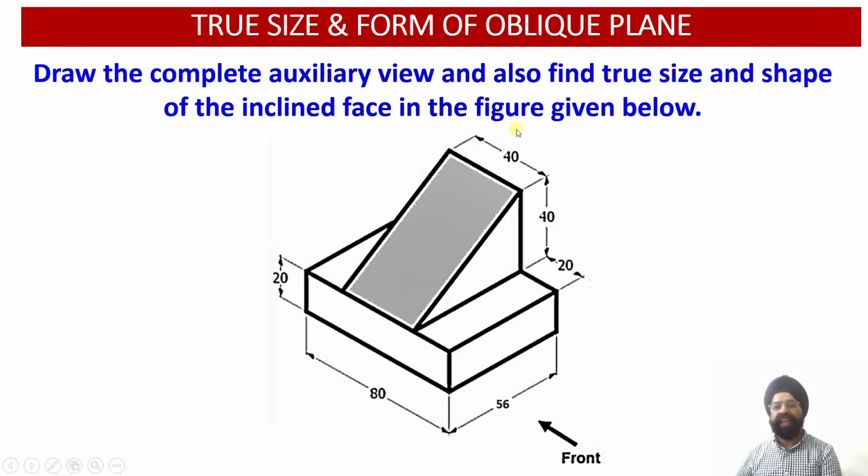The projections of the different points of the section surface onto the auxiliary inclined plane will provide us with the true shape and size of this section surface. Now let us read out the statement.